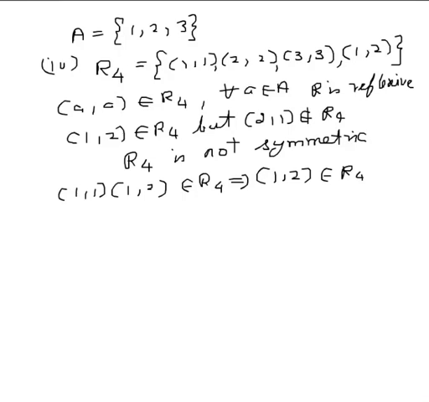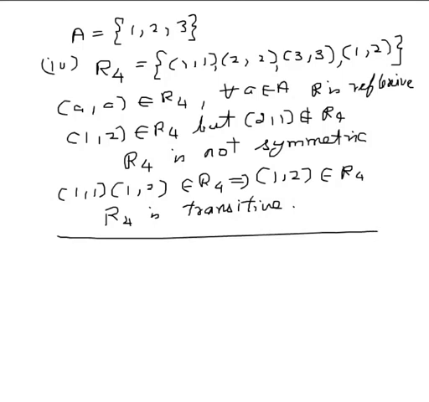I have to check with only (3, 3) and (3, 3). So it becomes transitive in that case. Therefore, I can conclude that R4 is transitive. Then if we take (1, 2) and (2, 2), (1, 2) is there. So we have written an example which is reflexive and transitive but not symmetric.